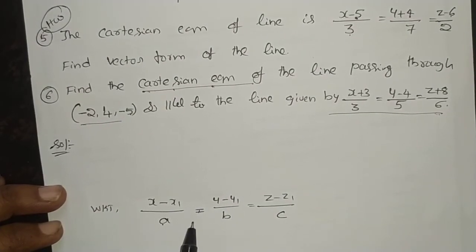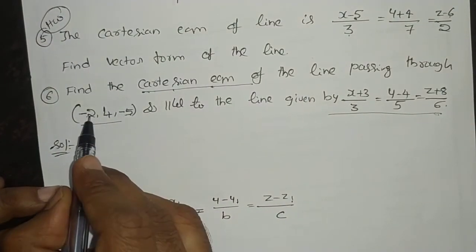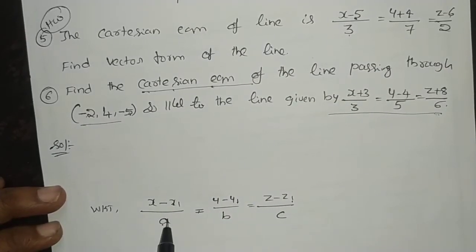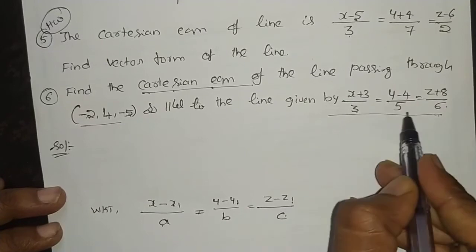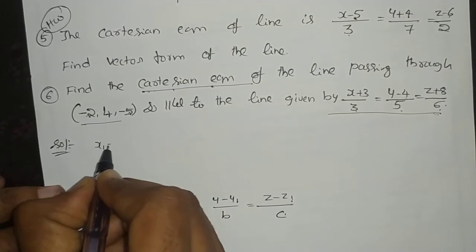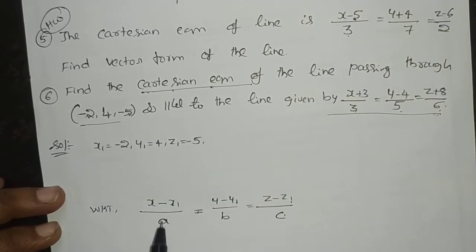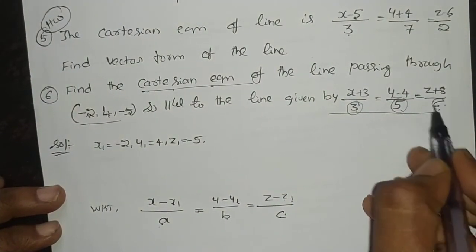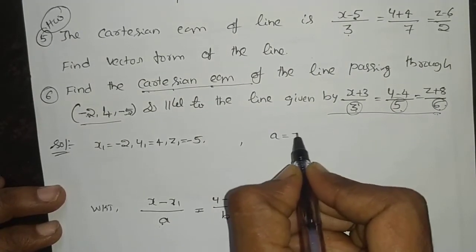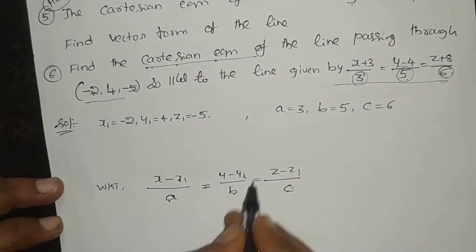To find this we require x1, y1, z1, which are given in the problem: x1 is minus 2, y1 is plus 4, z1 is minus 5. Next we want a, b, c, which are given as 3, 5, 6. A equals 3, B equals 5, C equals 6.